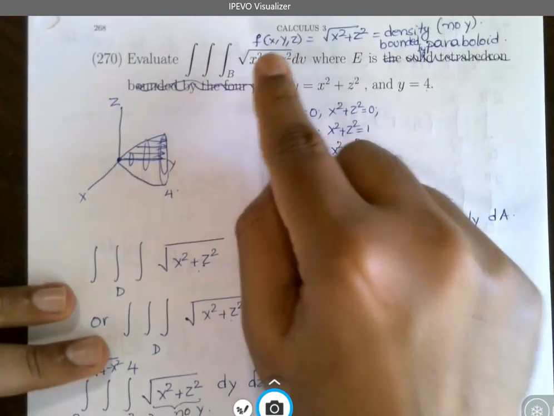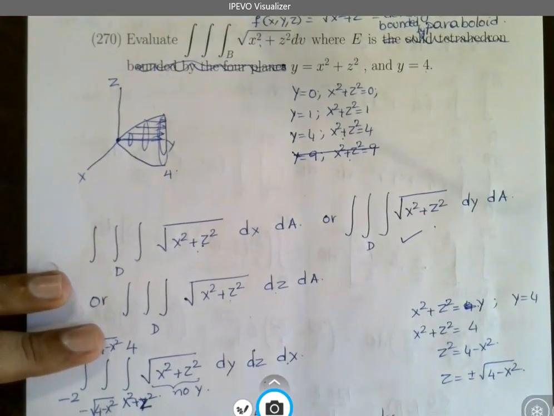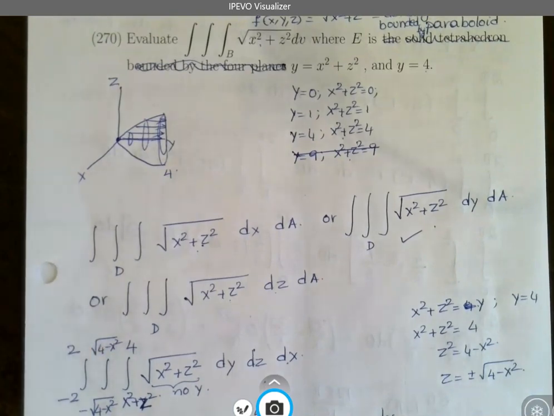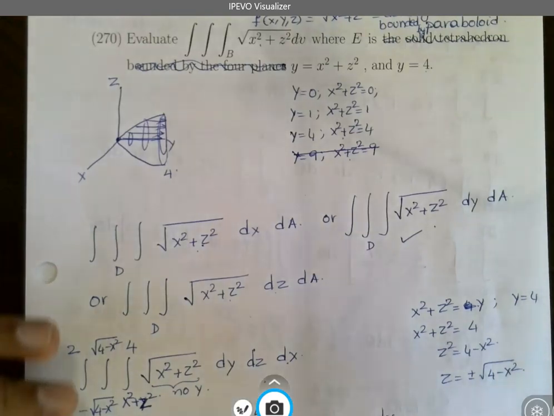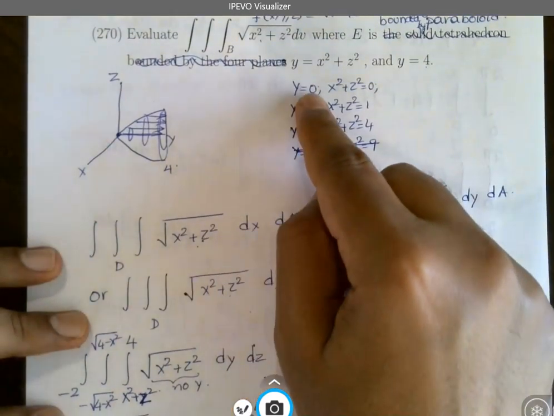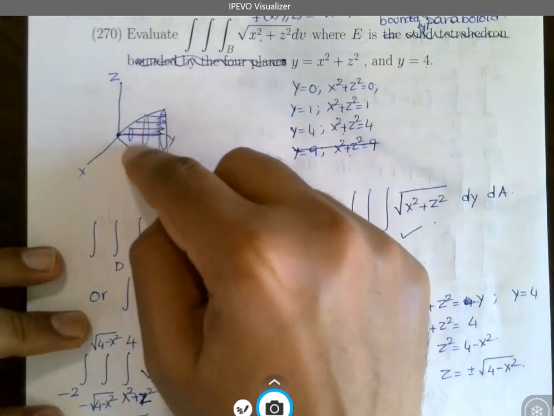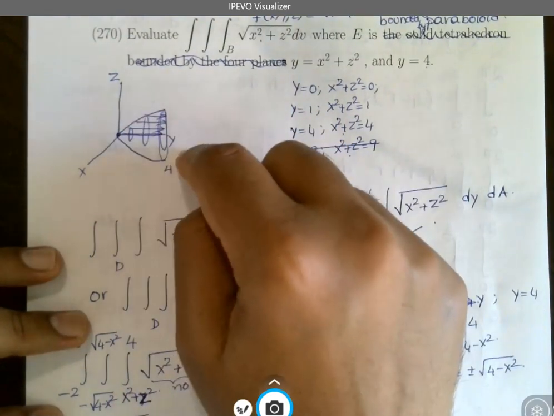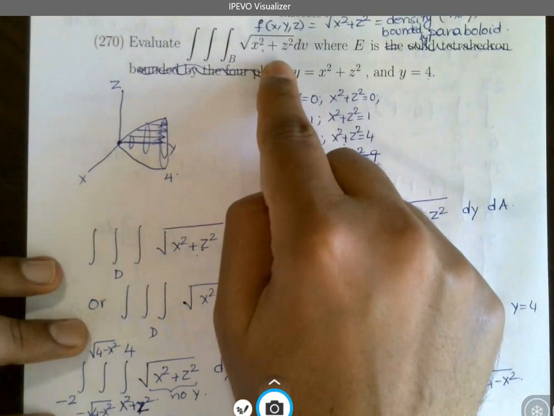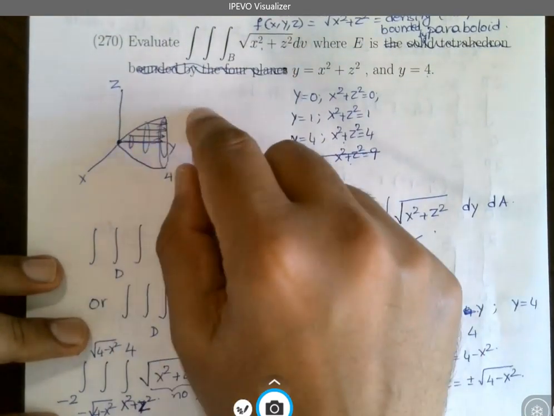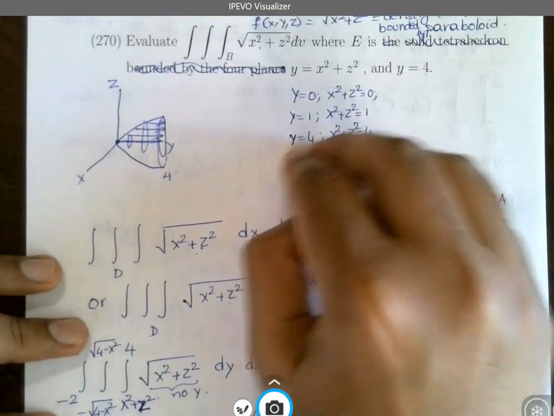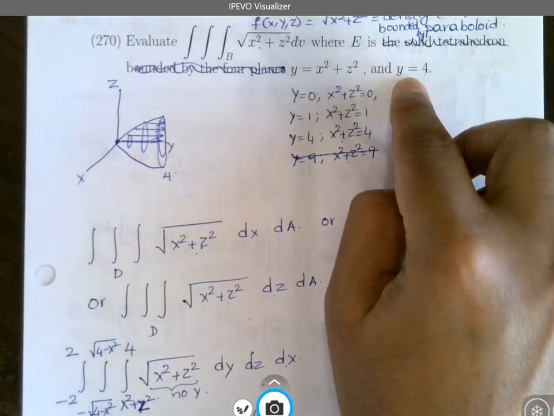The second thing I wanted to tell you was, if it is possible, sketch it, as long as it's not some monster problem. When you sketch it, I varied y as 0, 1, 4, 9 to show that it gives me circles, and I got the paraboloid, which is independent of y. Of course, I cannot go to y equals 9 because the upper bound for y is 4.